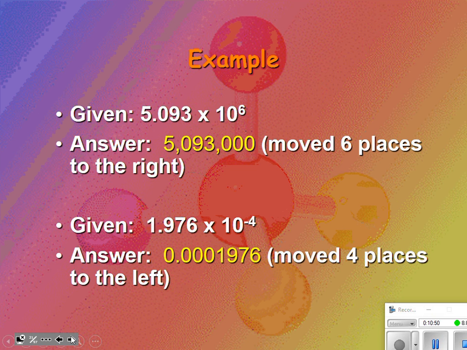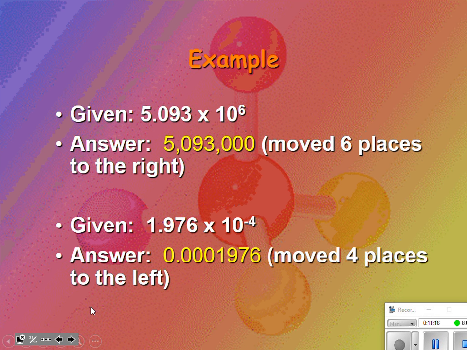Now, like I said before, hopefully you've seen that before. I'm sure somewhere in math you've done scientific notation, but I just wanted to review it just a little bit, okay? You're going to see we're going to go over metric conversions later on too. I know you've dealt with metric conversions, but we're just going to review it.